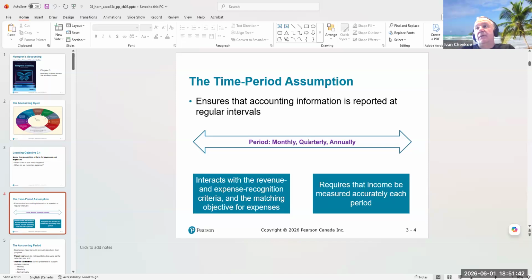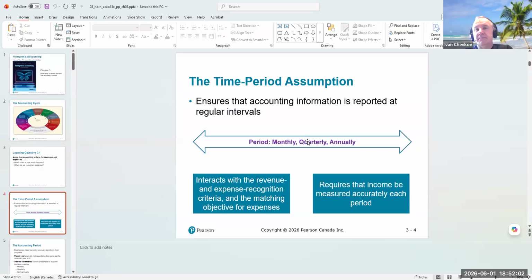Now, how are we going to report those events? We're going to choose different periods. The most common period is annual. Shorter than annual is semi-annual, shorter than semi-annual is quarterly, and shorter than quarterly is monthly. So we're going to have different periods of time.